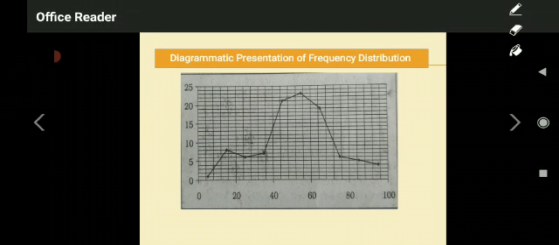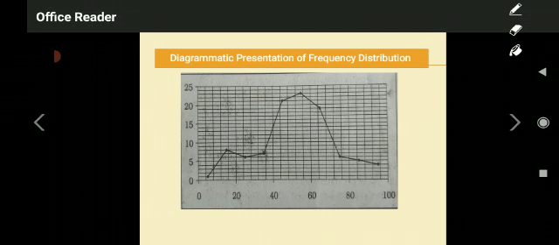On the OY axis, we have mentioned the total number of frequencies, and here on the OX axis, again the total of marks. Look at the diagram here.